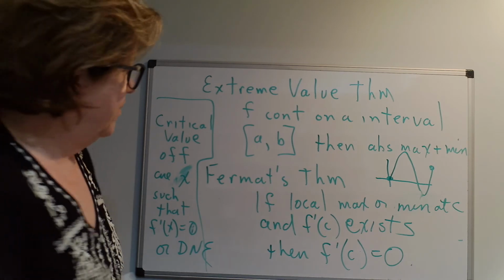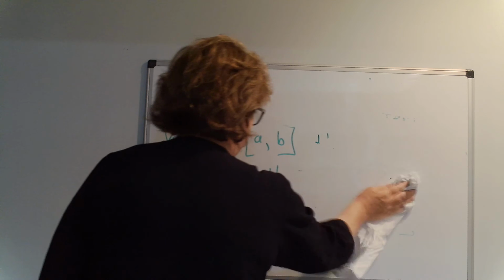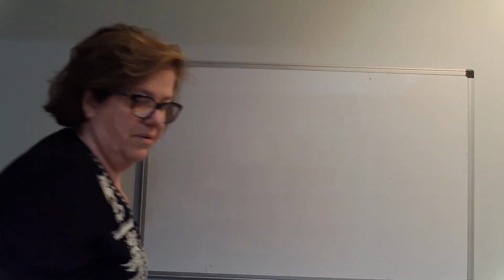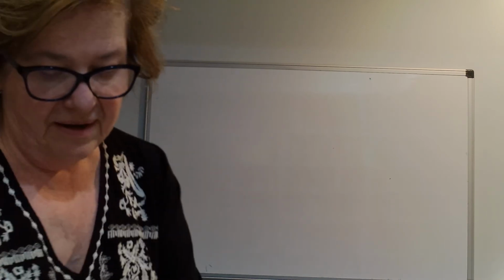So we're going to apply all this on some problems from chapter 3.1. And these are the problems I'm going to assign. But I'm going to do some of them.